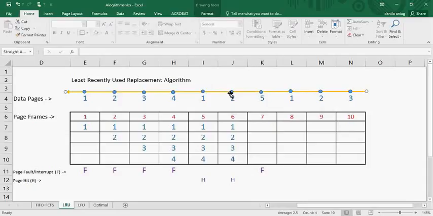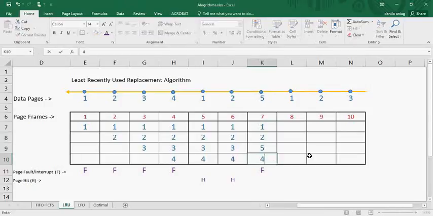So 2 is the most recently used, and then 1, and then 4, and then 3. So from among the 4, 3 is the least recently used. So 5 will replace 3 in this case, and the rest will continue to be 1, 2, and 4.